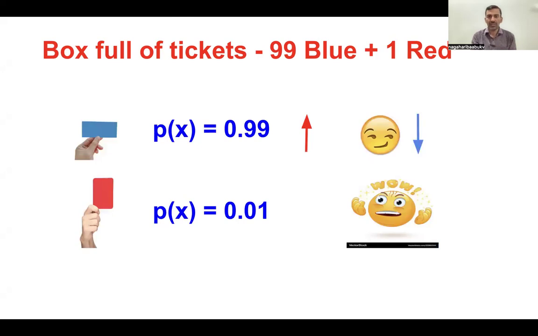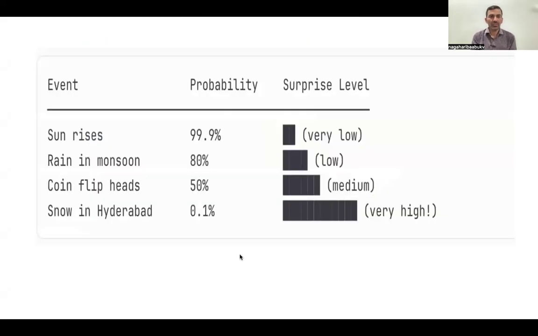So in other words, the surprise is inversely proportional to the probability of that event, right? If the probability is high, the surprise is low. If the probability is low, the surprise is high. So remember this definition. In terms of events, when somebody says the sun rises in the east, the surprise level is low because every day you see the sunrise in the east.